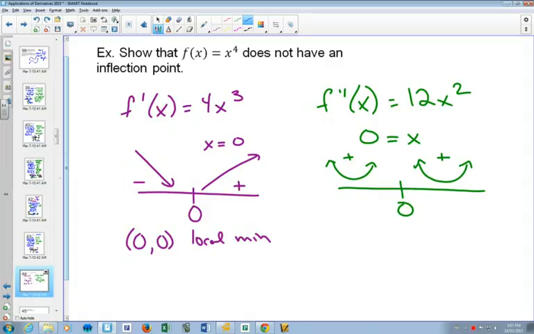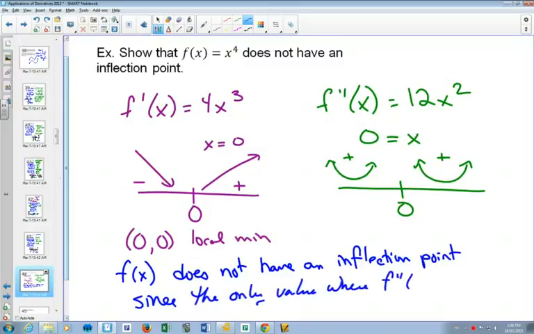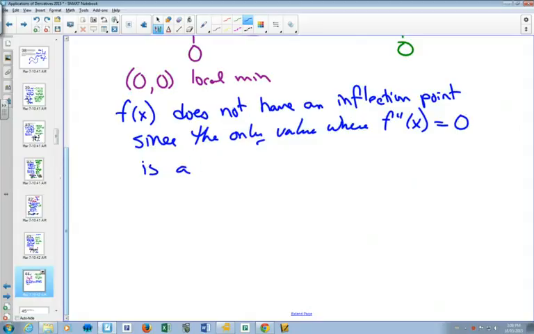Okay, so f of x does not have an inflection point, since the only value where the second derivative is equal to 0 is at x equals 0.